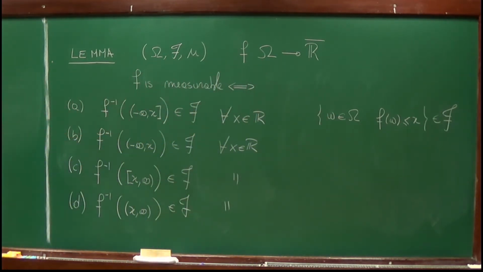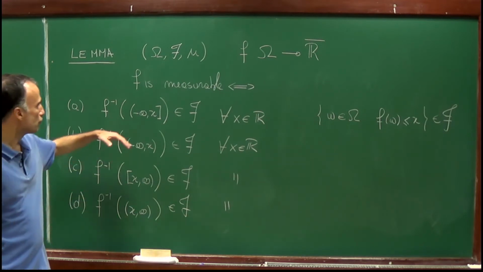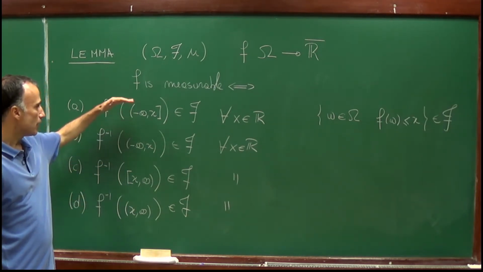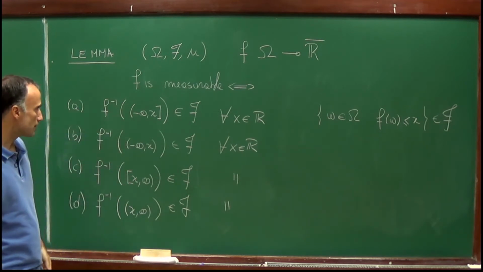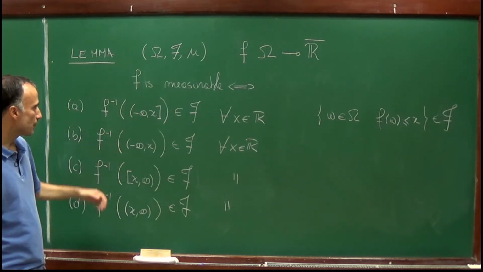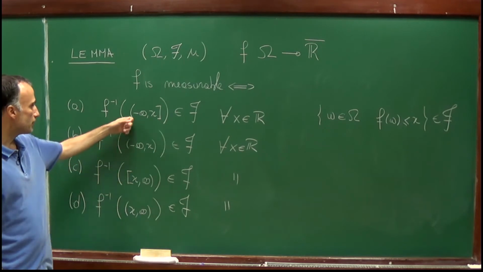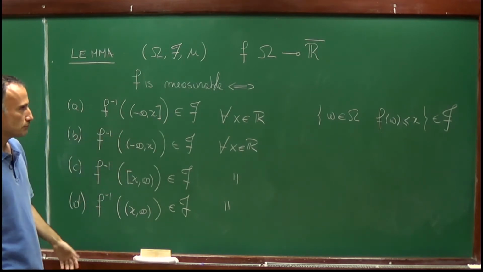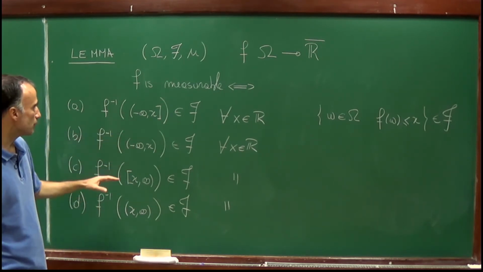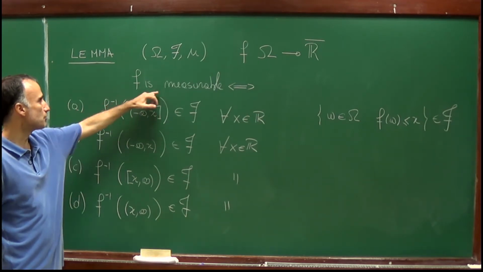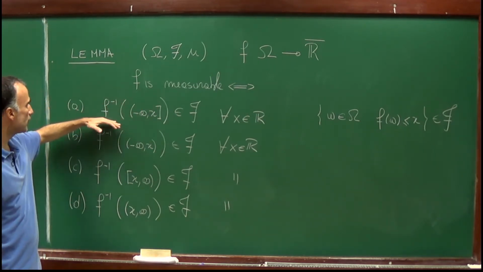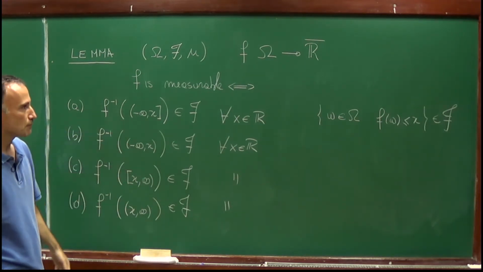Right? So what I will do, I will prove A, and what I claim is that the same argument applies to any of these statements. You can also prove that they are all equivalent. So I leave it to you to complete the details. I will just prove that a function is measurable if and only if A holds for any x.